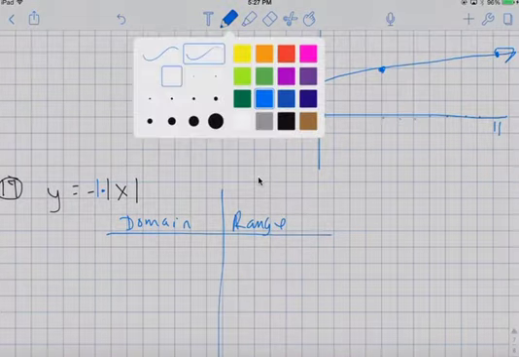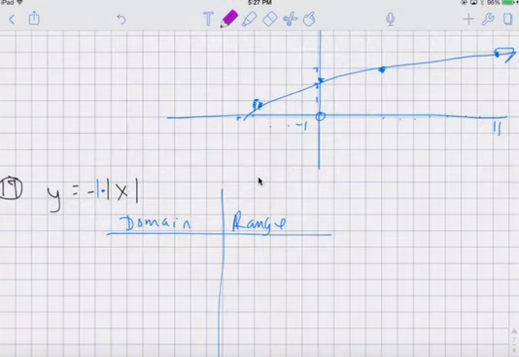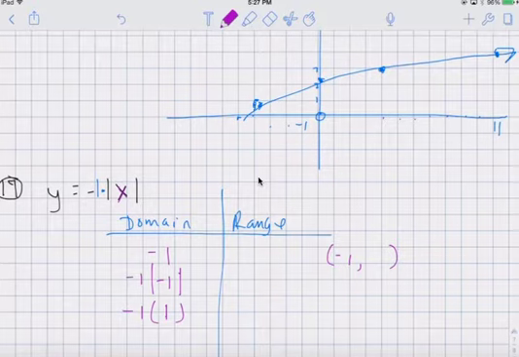Let's choose our domain because the absolute value is on the x. Let's choose negative 1. So if we choose negative 1, what is our range, our output? Negative 1 times the absolute value of negative 1. Absolute value of negative 1 is 1 times that negative 1 is negative 1.